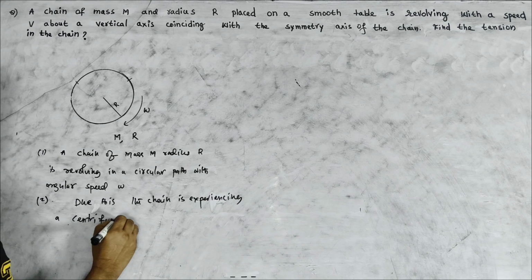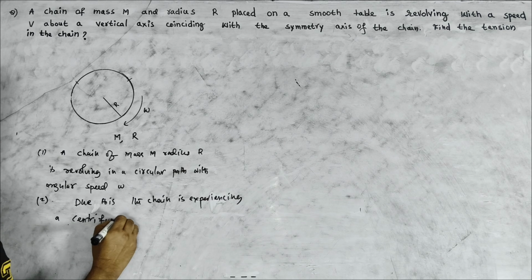T cos d theta by 2 and T cos d theta by 2 cancel each other, because they are equal in magnitude and opposite in direction. The remaining components of the tension add up and act as centripetal force, acting toward the center of the circle.